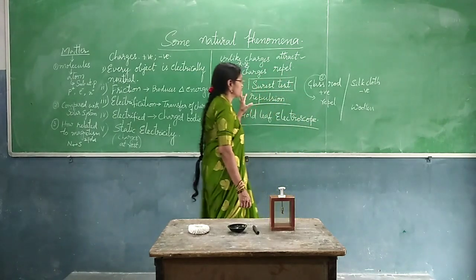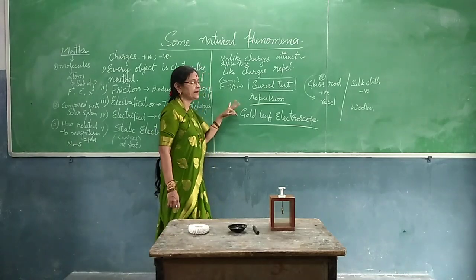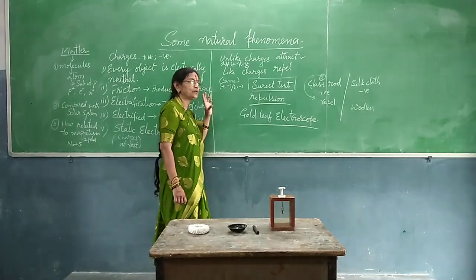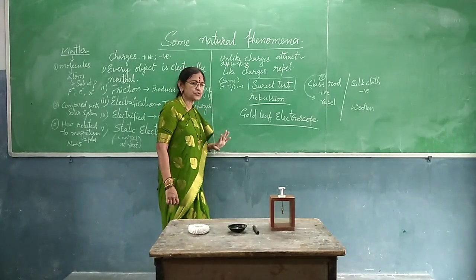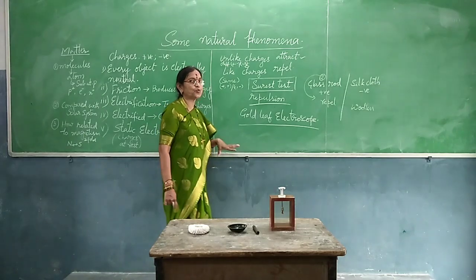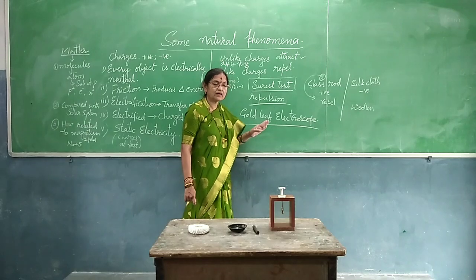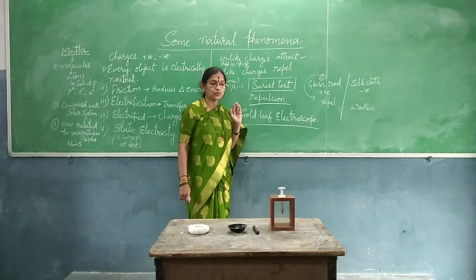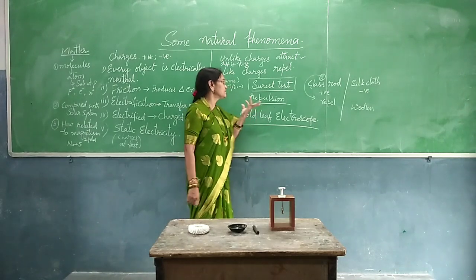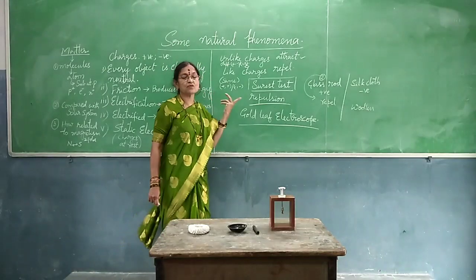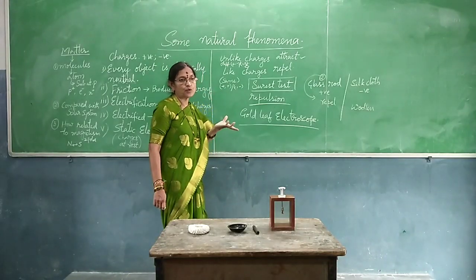So like charges repel and unlike charges attract. In the same way, take 2 balloons. This is a simple activity. One you rub with your dry hair, or one with silk cloth. Don't rub too much. If the heat energy because of friction is more, the balloon will burst.